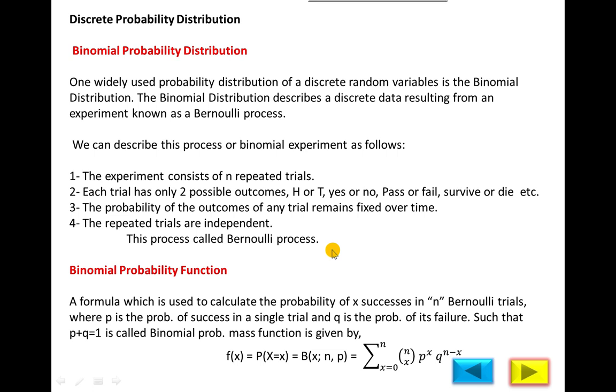You have used this formula in question number 5: select 3 books from 8 novel books, 3 books of poem, 1 dictionary, etc. You have solved this question in video number 12.